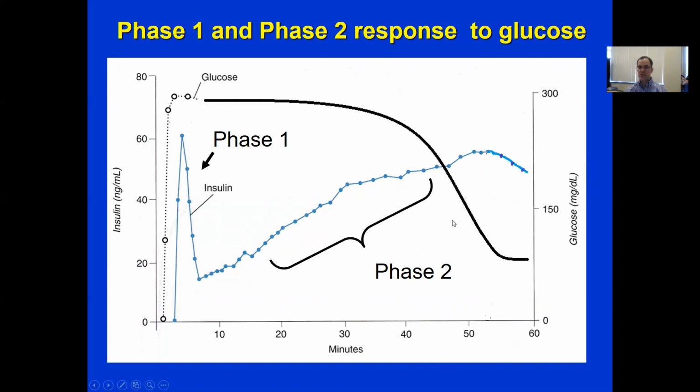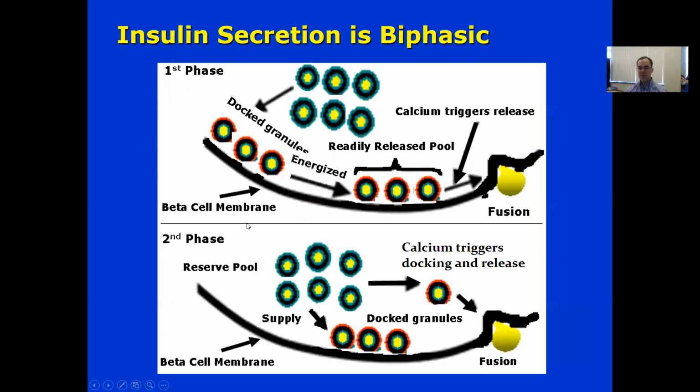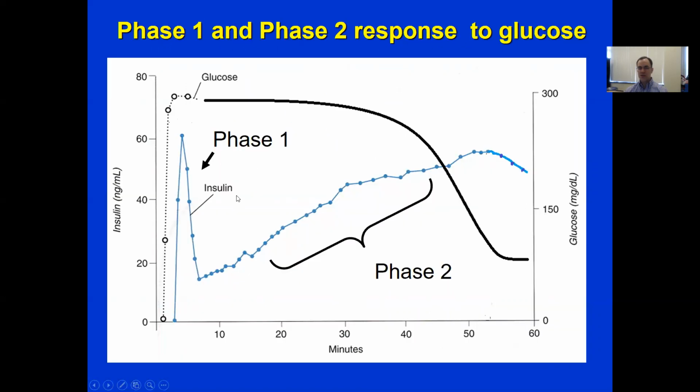So the question is what's the importance of this phase 1? Well, phase 1 is important because of this bolus, think of this large bolus of insulin from these immediate readily docked granules that is going to be released into the blood, and its job is to keep glucose levels from rising too high.